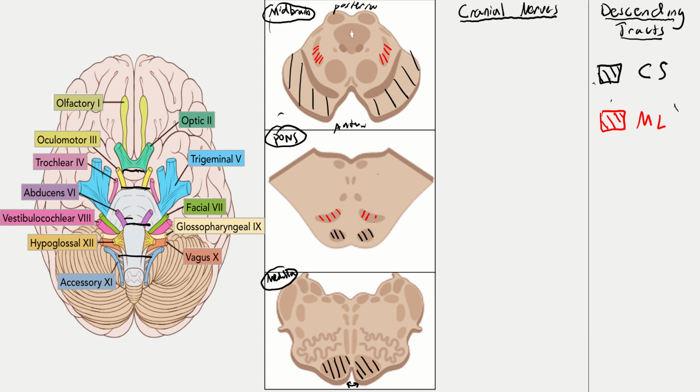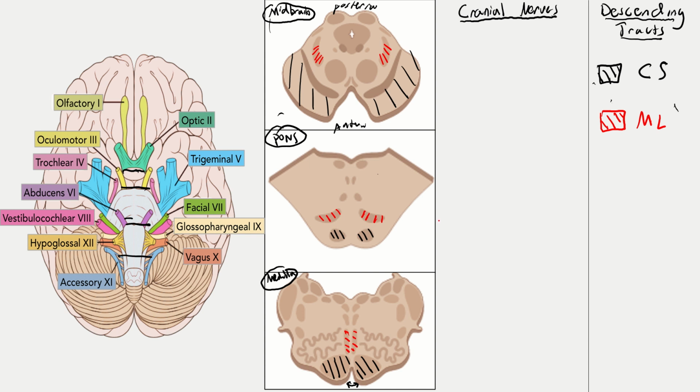So it's more medial in the pons, and it becomes very medial once you get down into your medulla. Remember that it synapses in the nucleus gracilis and cuneatus in the medulla and crosses over. So once again, if you have a lesion in the brainstem, it's going to give you contralateral sensory loss in the form of proprioception and light touch.